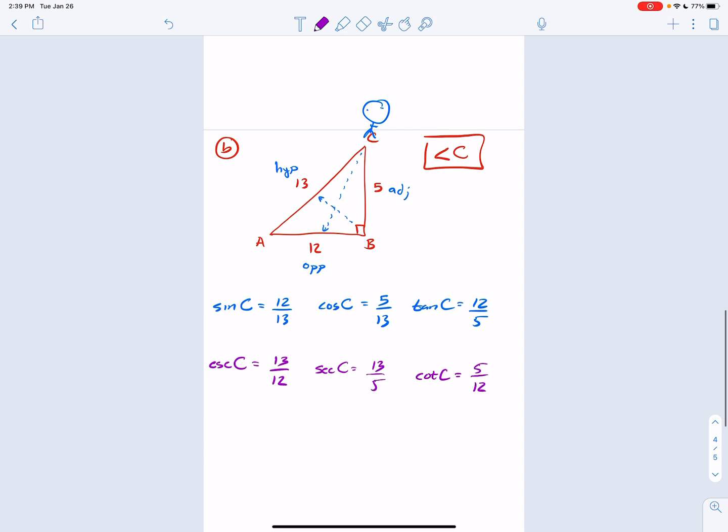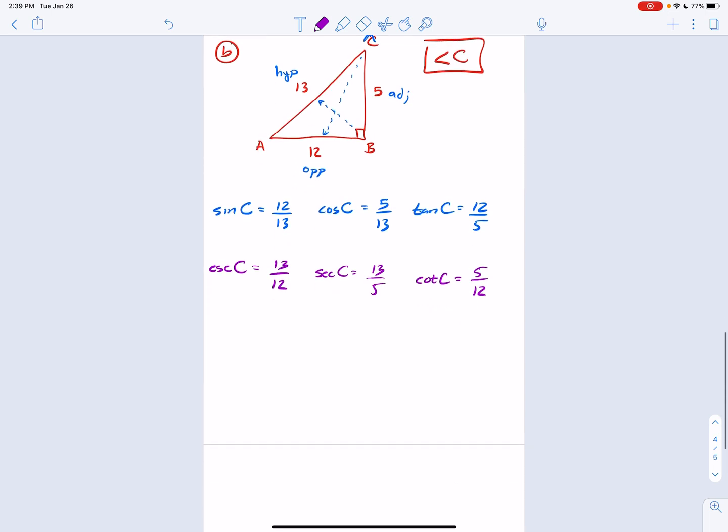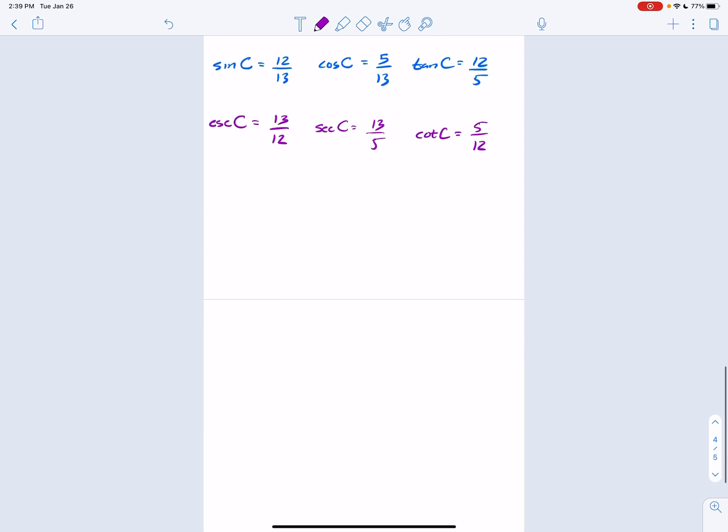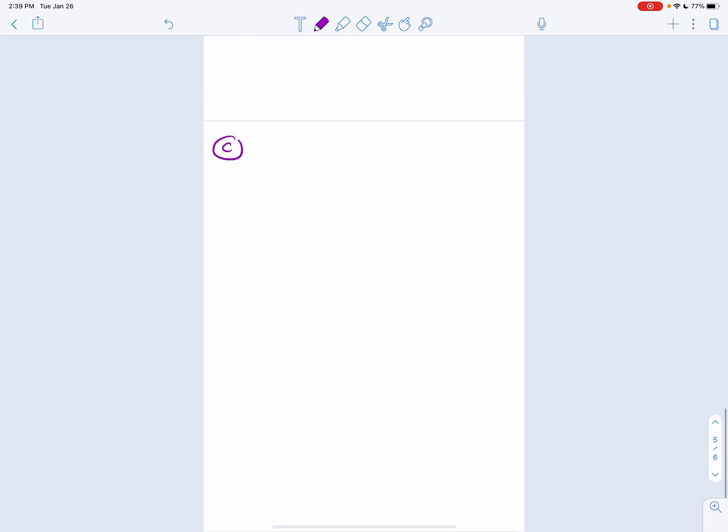Okay? So we'll do one more. And that'll be it. Here we go. Part C. Here's a new one for you guys. Let's do C, D, E. And let's call this 3, 4.